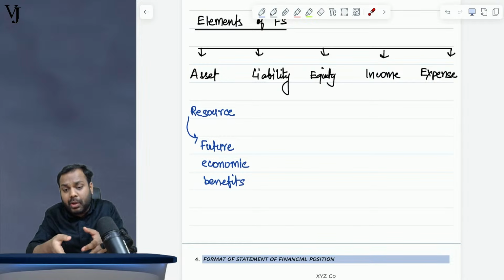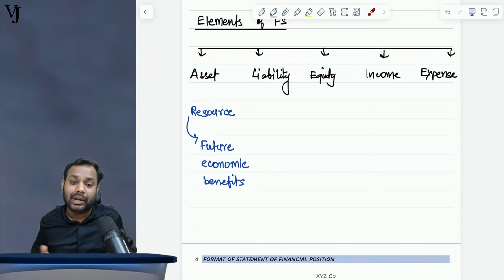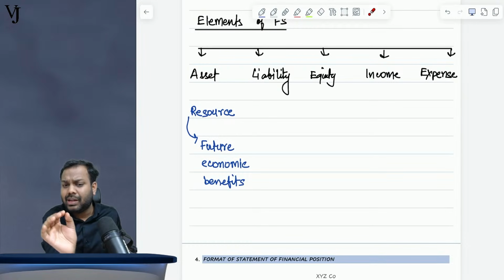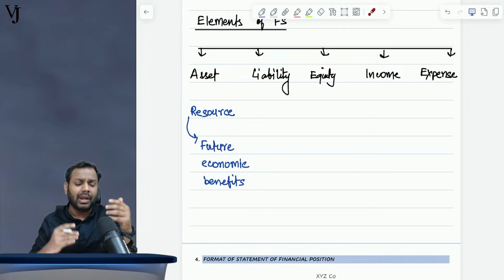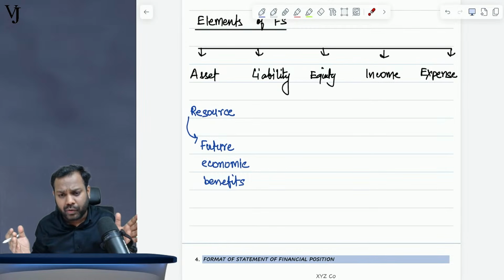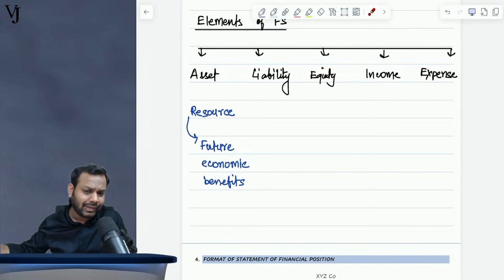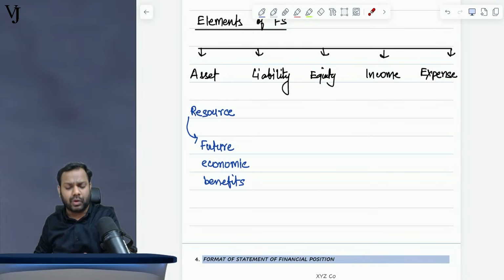If it gives you economic benefit right now, it's an expense. That's the simple rule to differentiate between asset and expense, though I will explain multiple aspects of it going forward in my classes. This session is just to make you familiar with the basics.